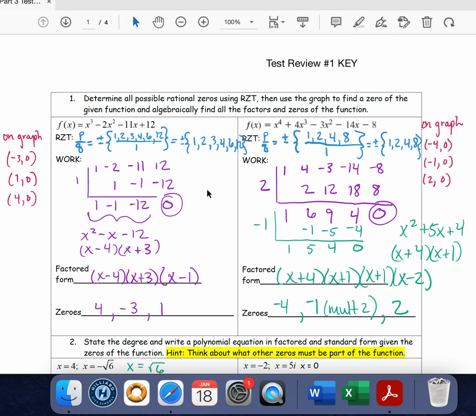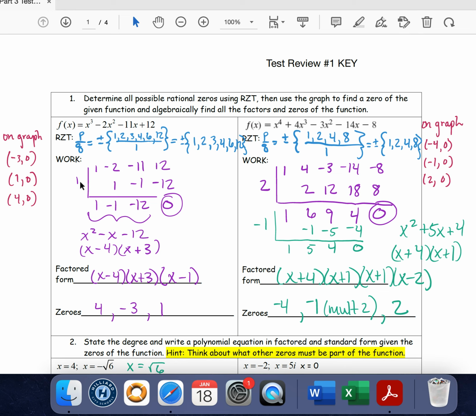You can use your calculator or a graph, and you can find one of the x-intercepts. So it looks like we knew that 1 was an x-intercept. So we know x minus 1 is a factor, and then we use synthetic division. And again, we can show, plugging in 1, we get a 0. And then we can use these coefficients to create a quadratic, and then we can double bubble from there and get these.